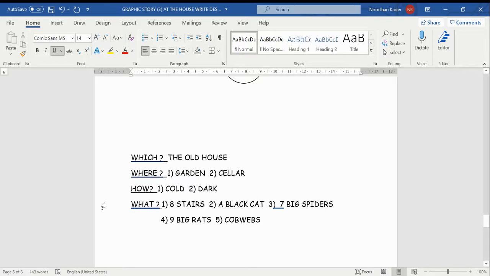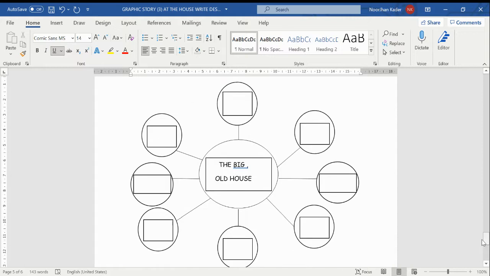We discussed what first, but how is something you can derive from the pictures when you look at the whole story in a general view. That is why how has to be described first, before what Misty finds in the old house. So we will answer which, where, how, and what.